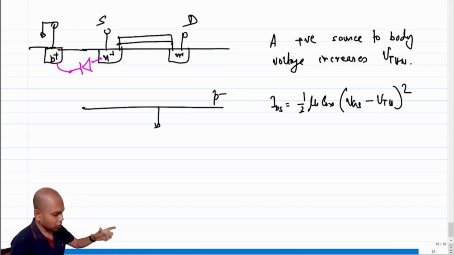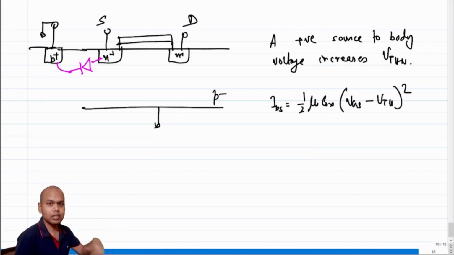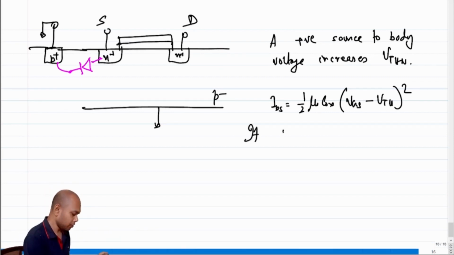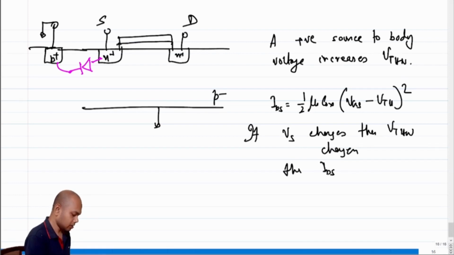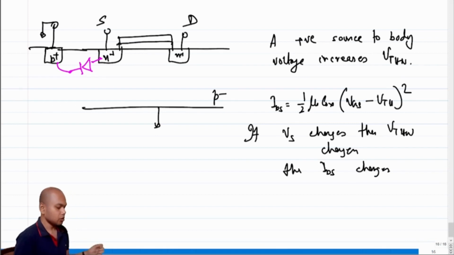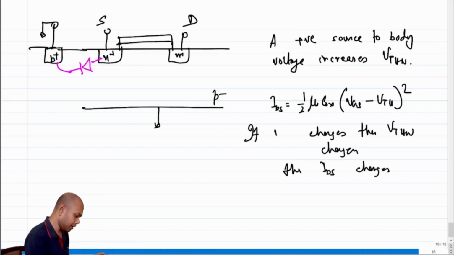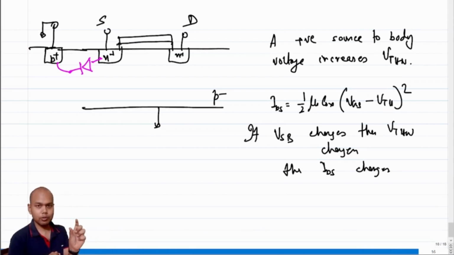Now, if the source voltage changes with the signal, then VTHN changes, then IDS changes, right? Or rather, if VSB changes, this voltage between source and body, which means that in the incremental model there should be a term of something times VSB, right?